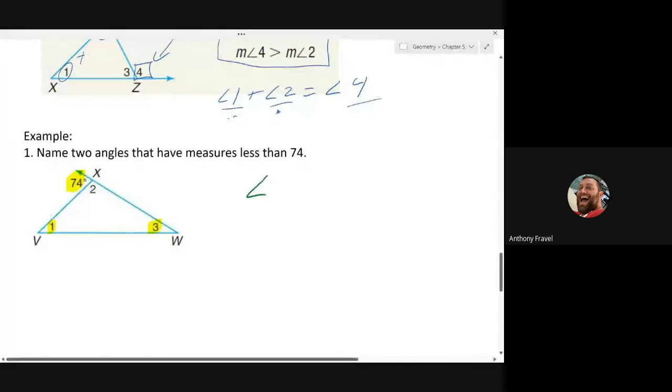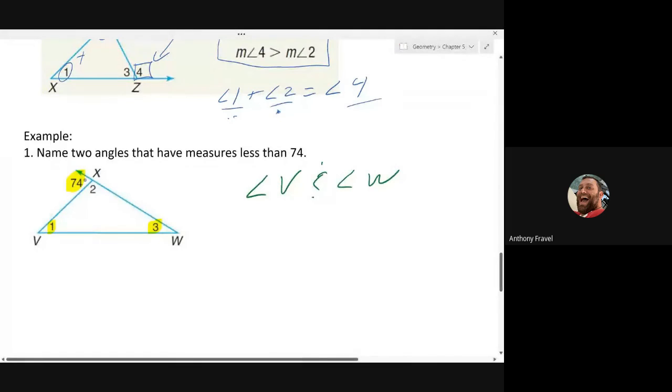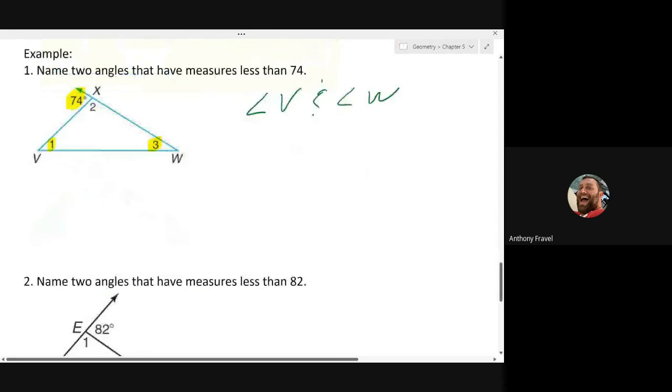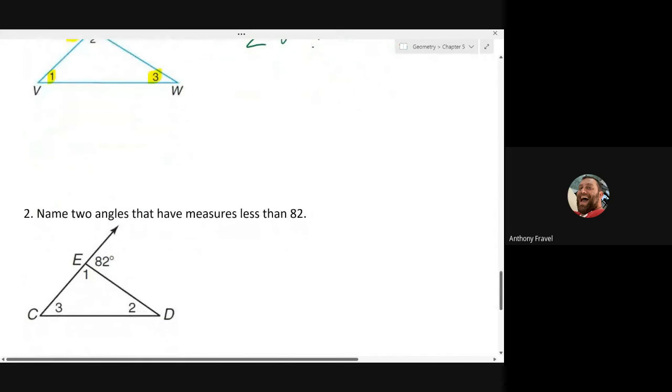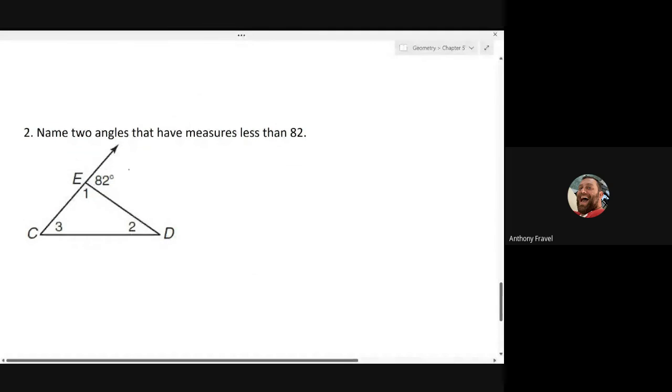Because of that, the two angles less than 74 are going to be angle V and angle W, because those two angles have to add up to equal 74.